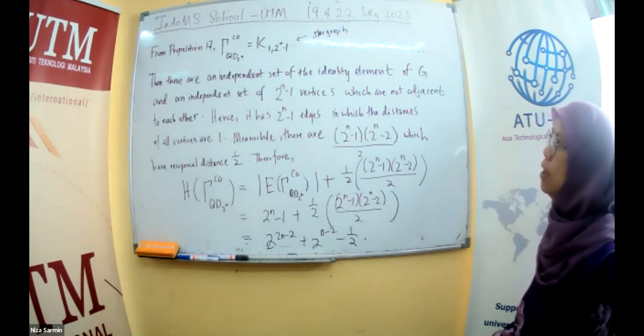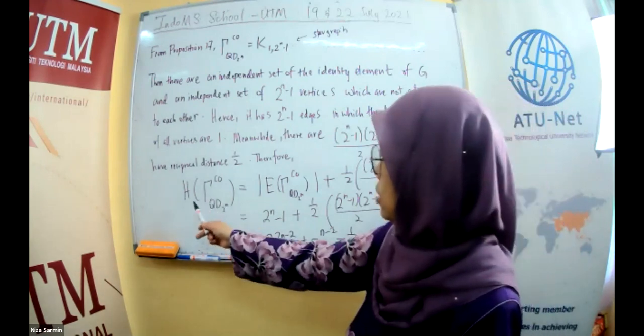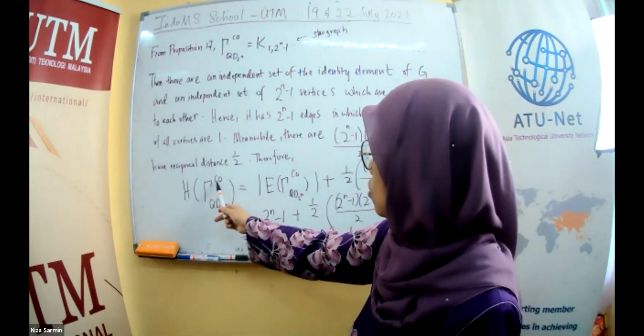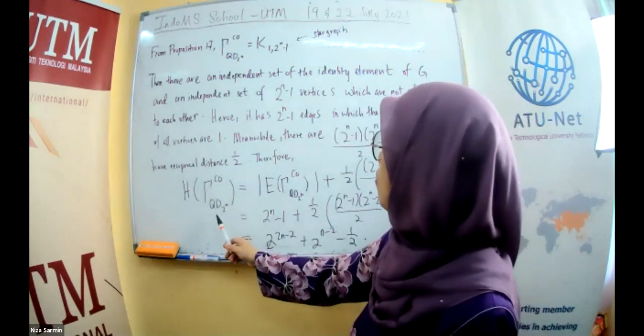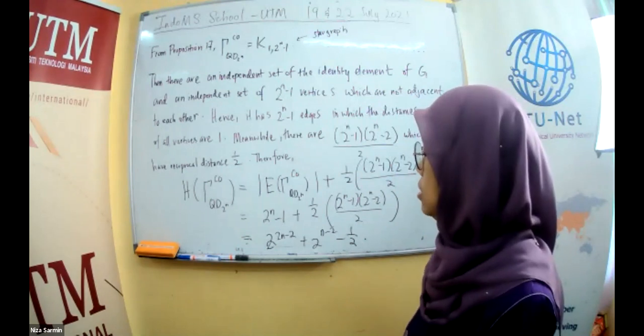So this is how you get the Harary index of the coprime graph of the quasi-dihedral group of order 2 to the n.